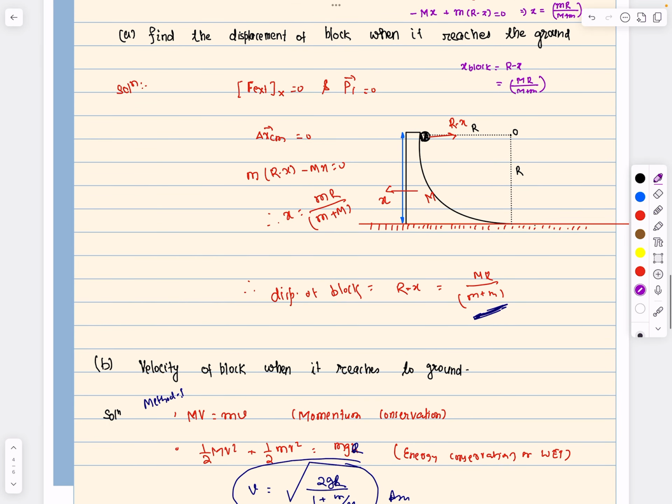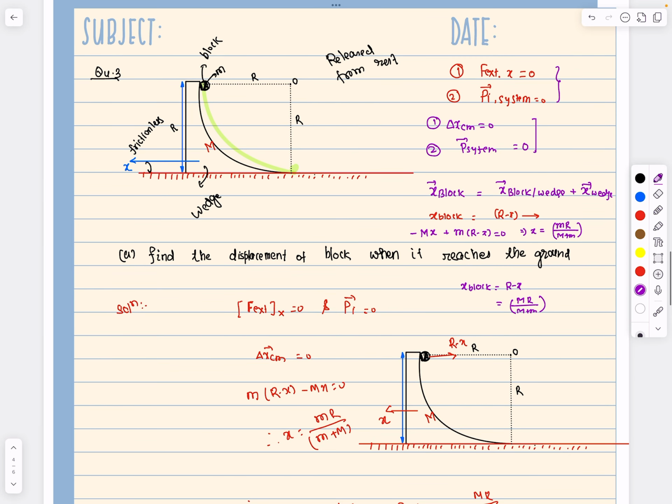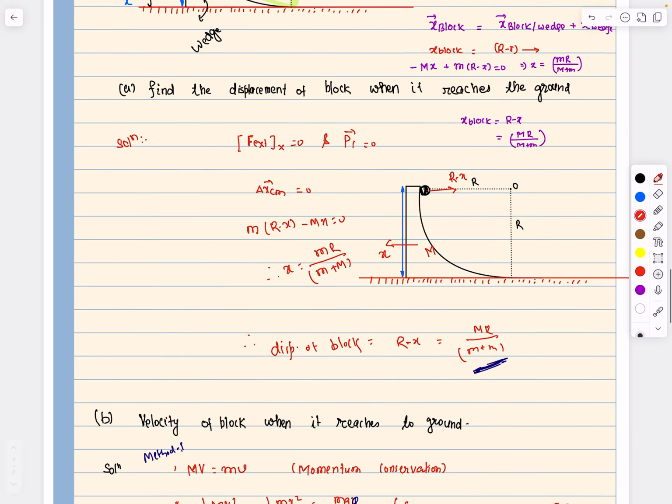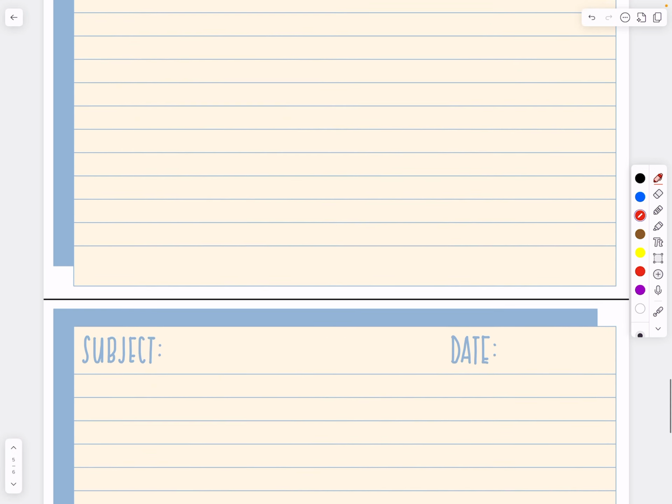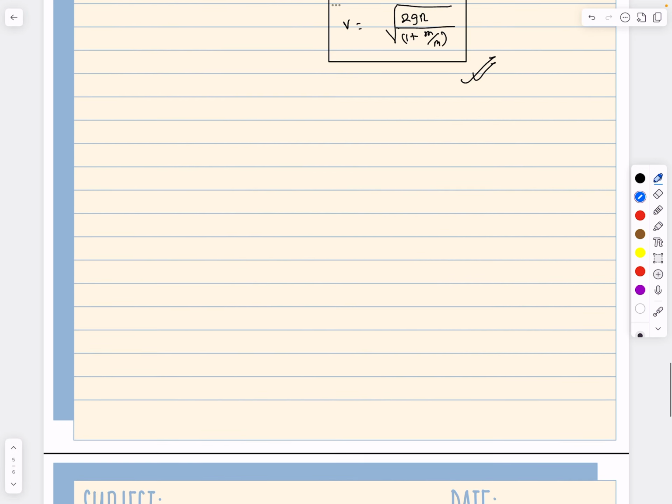Now the second part: we are interested in the velocity of the block and the velocity of the wedge. We are interested in calculating both. Let me redraw the diagram. This is my wedge.